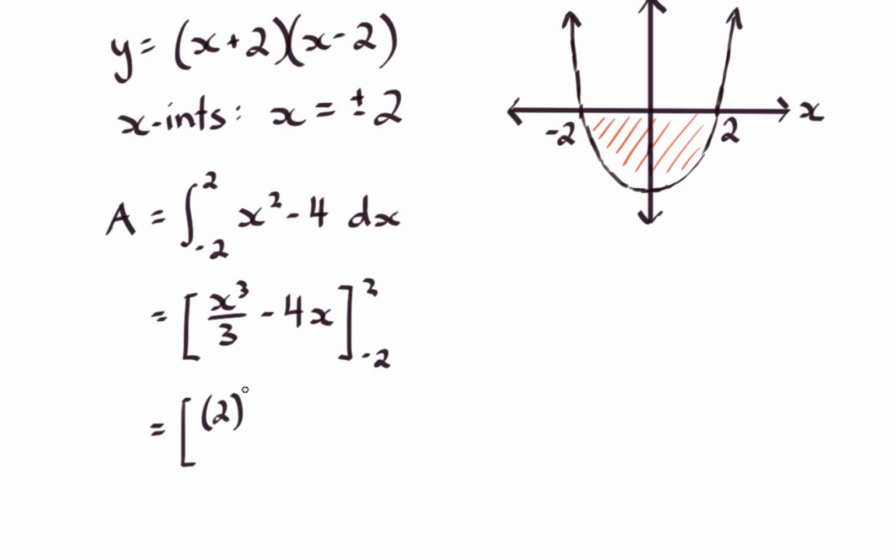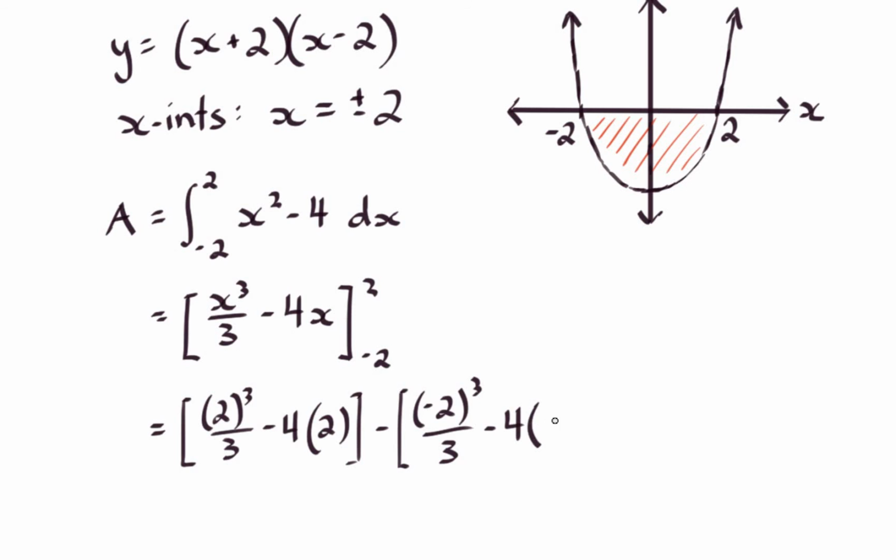That's 2. And then we will take away the result when we substitute in our second value. Now, using brackets is especially important when we're substituting in negative values, as it helps reduce mistakes. If you want to calculate this and practice your mental arithmetic, that's absolutely fine. But we'll go straight to the answer, which is -10 and 2/3.